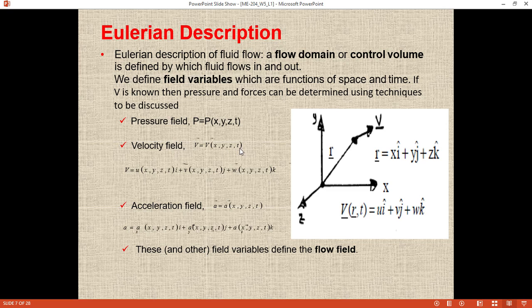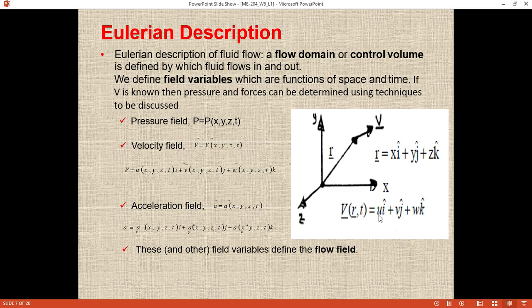So here you see the point 1 and the point 2. This is the position vector, which can be written as xi, yj and zk in Cartesian coordinates. And this is the velocity vector. The velocity vector is a function of space coordinates and time, and it can be written as ui, vj and wk.